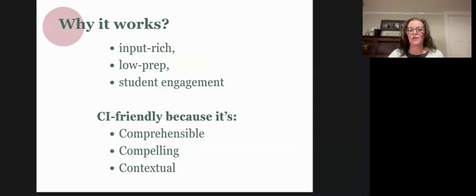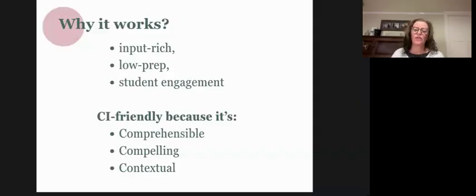So you're not testing the students, but rather you're giving them language that's in context, that's easy to understand. And if the picture generates a lot of emotion or discussion, it makes it hard for that language to be forgotten. So it's really effective because it's compelling, and we keep it comprehensible because of the imagery, and it's naturally in context.